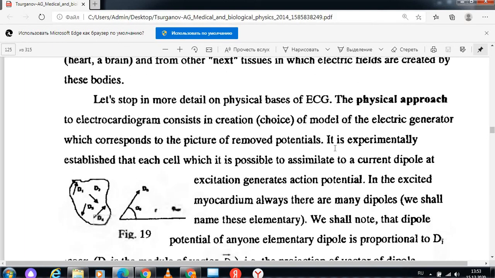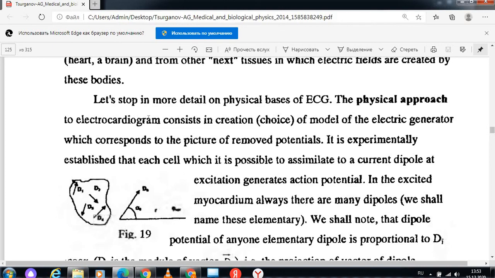So we need to stop in more detail on the physical basis of electrocardiography. The physical approach of electrocardiography consists in the creation or choice of a special type of model of electric generator, which best corresponds to the picture of removing potentials.